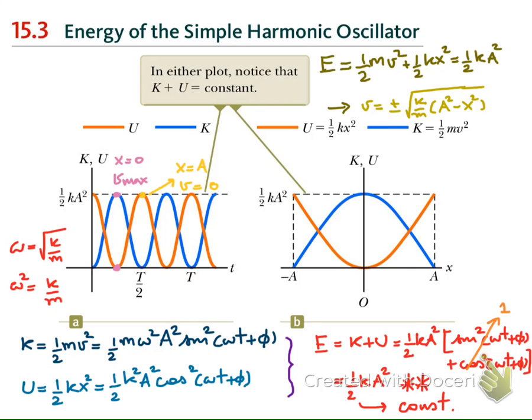You can see that at the same position, sometimes the object moves away from the equilibrium, but sometimes it moves toward the equilibrium. So we can have both positive and negative here.